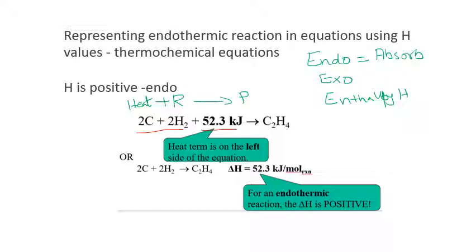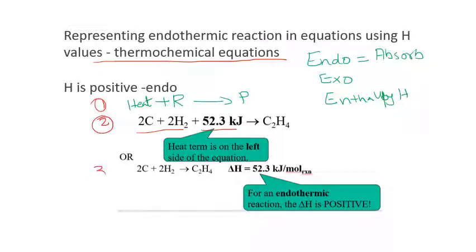So that is an endothermic reaction. So in an endothermic reaction, we will write the energy term on the left side. Okay, so this type of equations we call thermochemical equations. So this is one way of writing in general. This is in particular we will write like this.